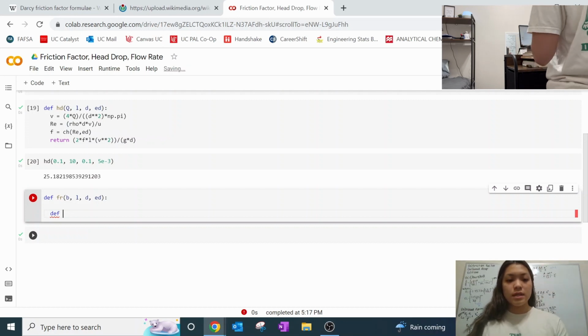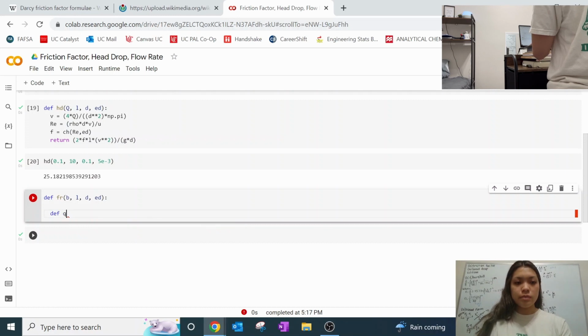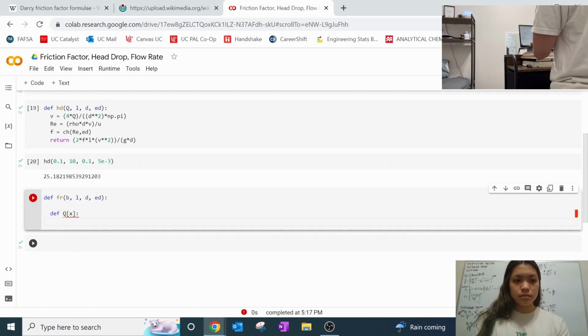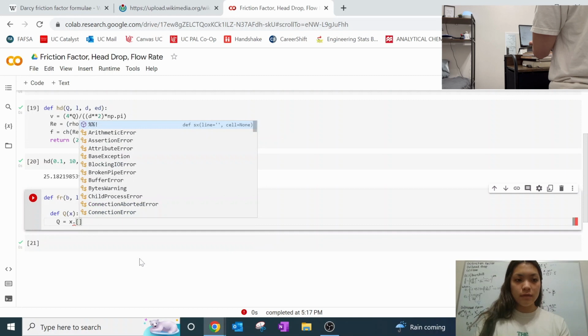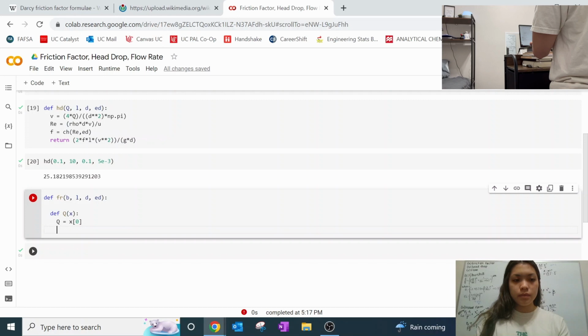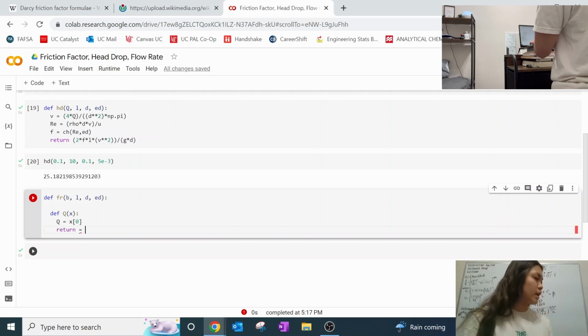So we're going to define this as just the flow rate, and it's going to be of a vector, and so we just want it to equal the first index of the vector, and then it's going to return to us this equation that we have here.